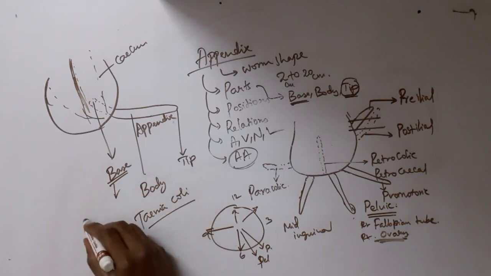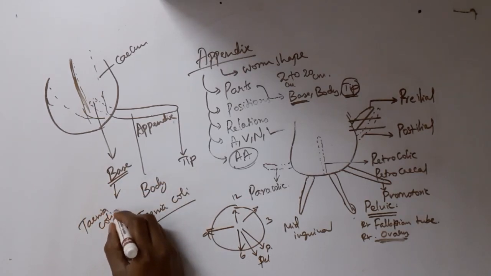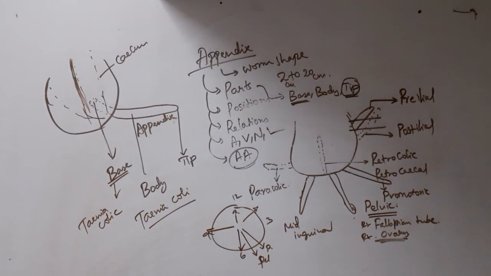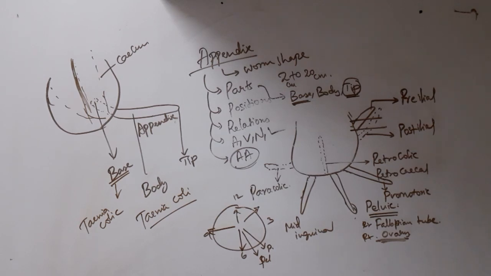So one more thing you can write: the taenia coli of the cecum merge towards the base of the appendix.